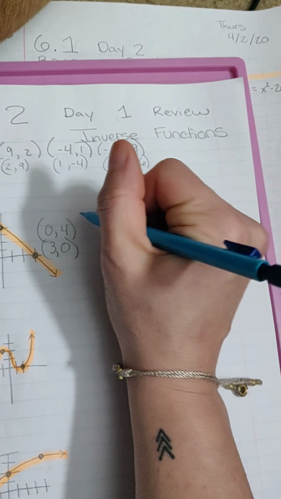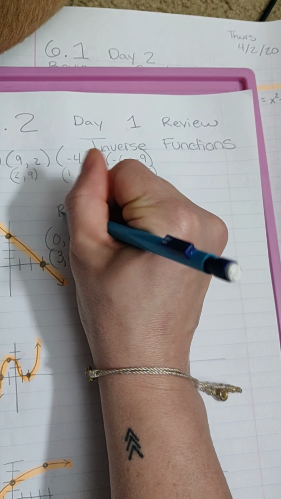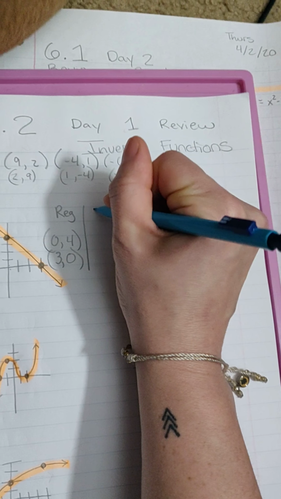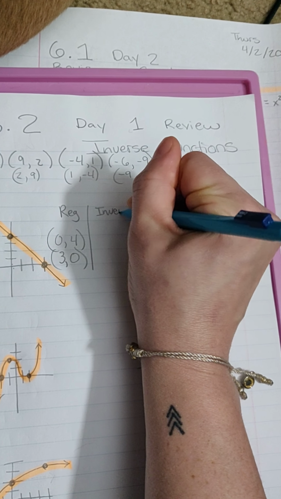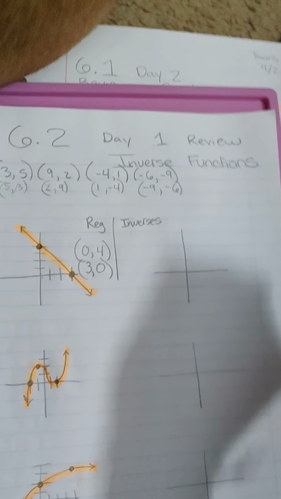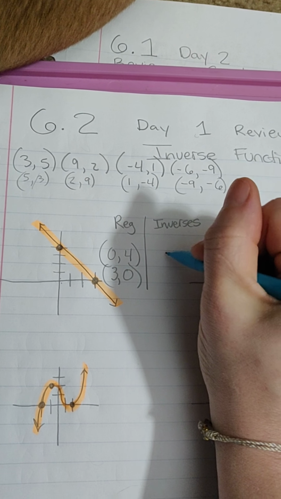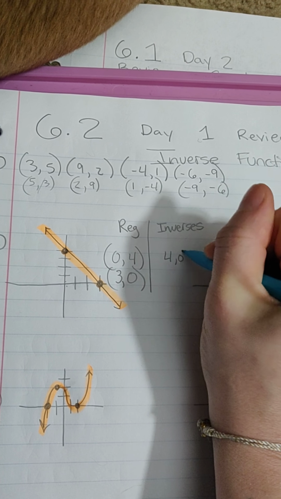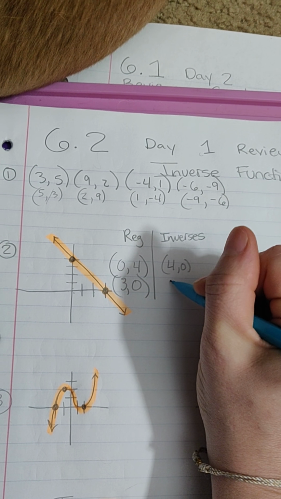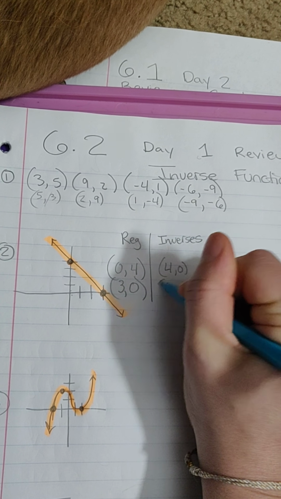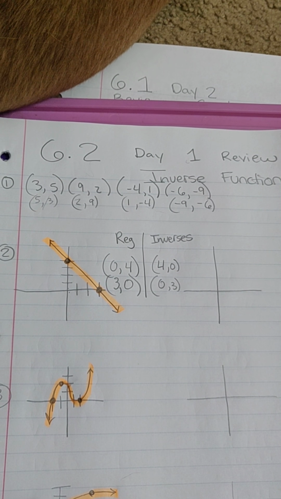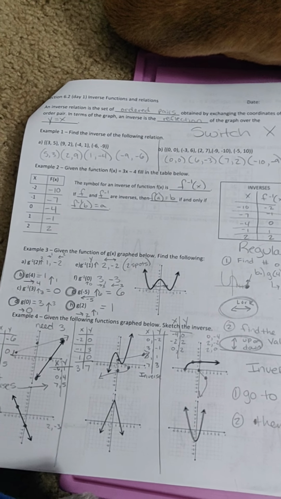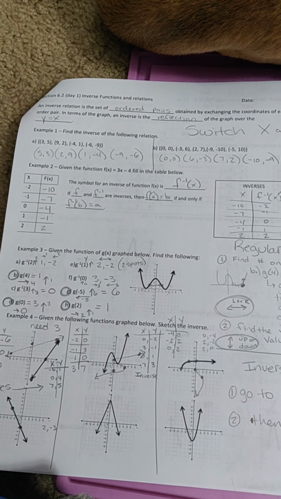So now, let's just call these regular. We'll call these ones inverses. Okay, so our inverse is 4, 0, and 0, 3. Now when I'm graphing that inverse, usually just like on these examples on our notes page, we just graph them on the same graph.